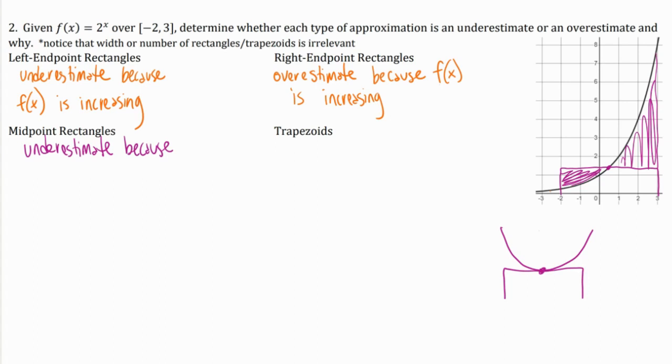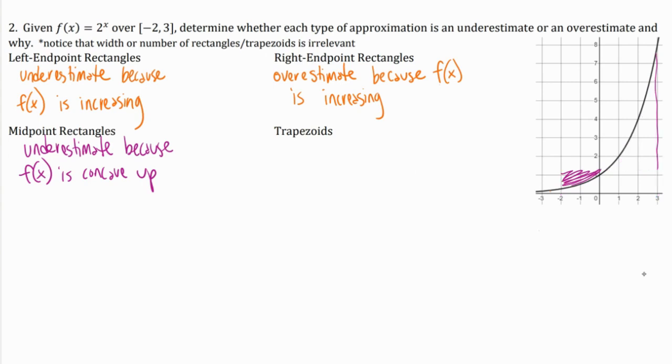So it's an underestimate because f of x is concave up. The way you can tell it's concave up is to think about the shape of the curve. Does it look like part of an upwards parabola or a downwards parabola? If it looks like part of an upwards parabola, then it's concave up. If it looks like part of a downwards parabola, it's concave down. So this function is concave up, and a midpoint rectangle is an underestimate.